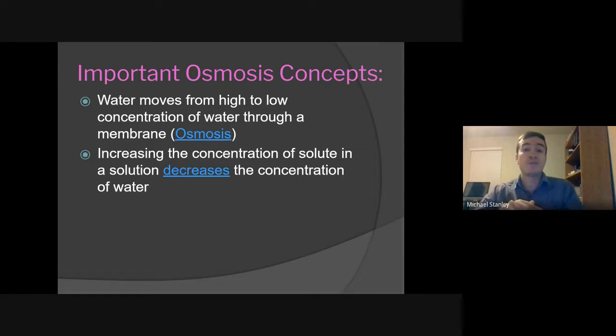We talked about hypotonic and hypertonic and isotonic solutions, where you have more solute or less solute or an equal amount with your membrane, with your cell. The more solute that you have, the less water that you have. If you have 40% solute, that means you only have 60% water.